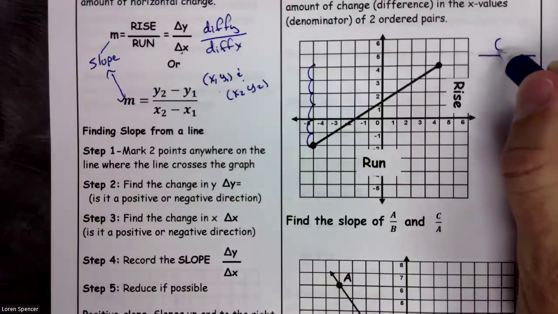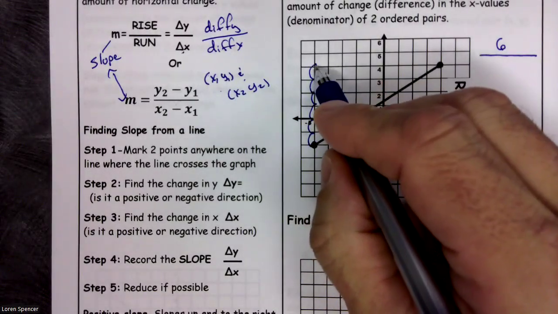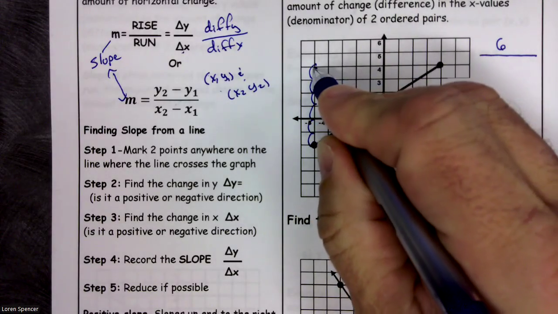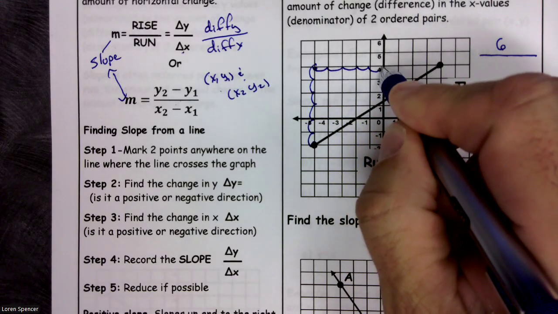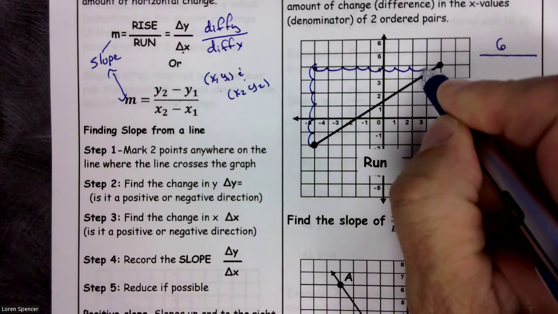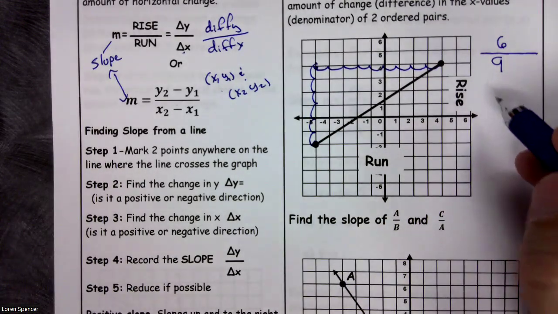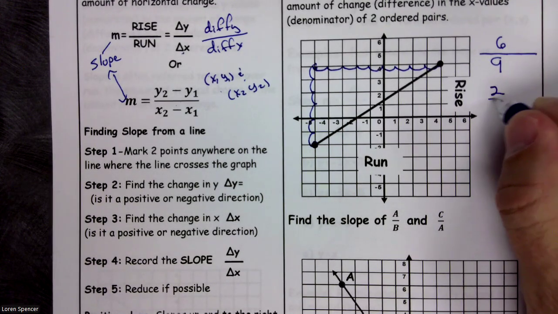I went up 6. Counting over in the x direction, it's also positive because I'm going right: 1, 2, 3, 4, 5, 6, 7, 8, 9. So we get 6/9. Now using Desmos or your calculator, you can reduce that and we get 2/3.